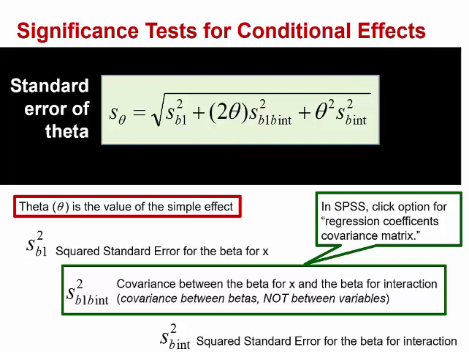If you take the simple effect divided by the standard error, you would have a t-test, and you could determine the significance that way. But the formula is rather complex, and I don't want to take time going over it. Just know that you can test the significance of your conditional effects, your simple effects, and if you need it for reference, that's the formula you can use to determine your standard errors that could then be plugged into a t-test.